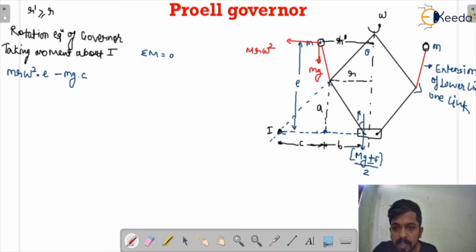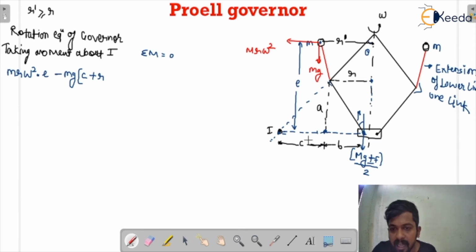It would be c plus r minus r dash, because b is also from here to here only, but we have to calculate it from the spindle axis. So I am considering c plus r, where r is from the spindle axis, and minus r dash.